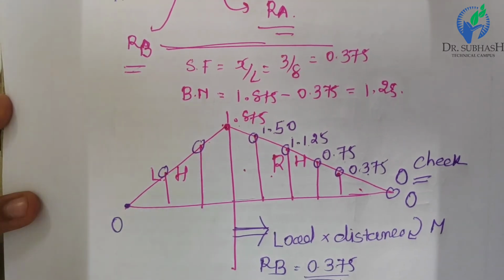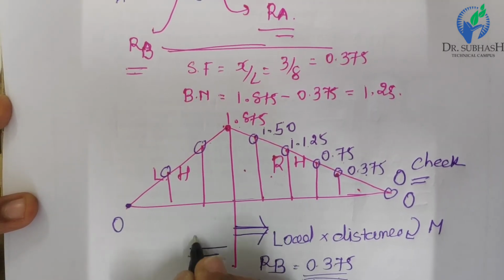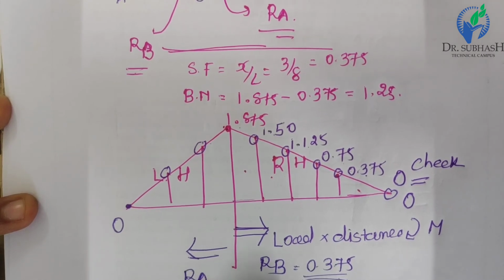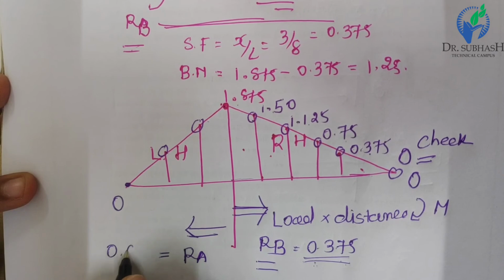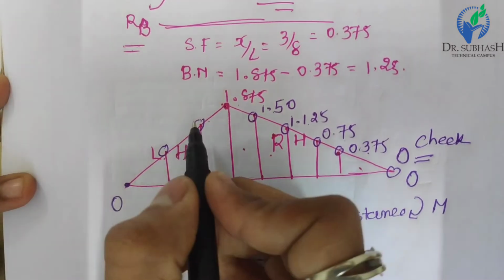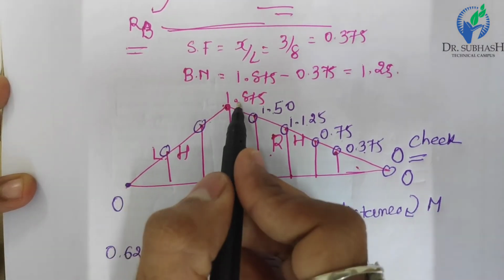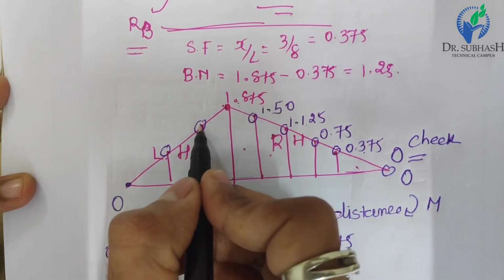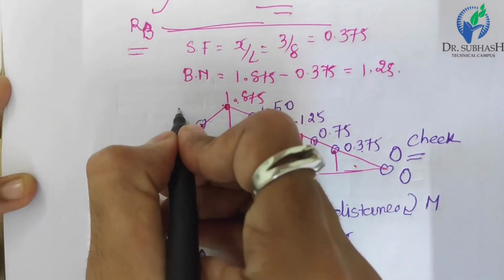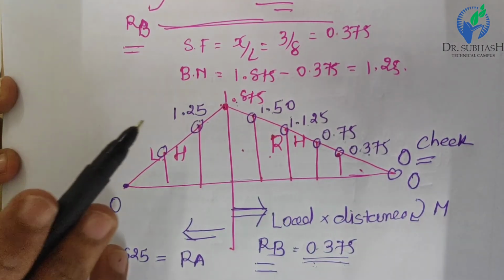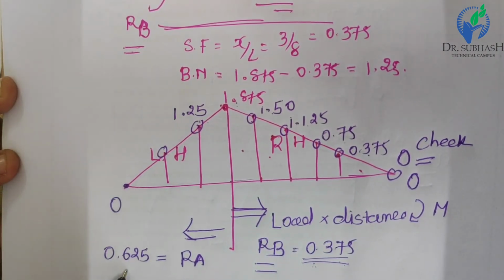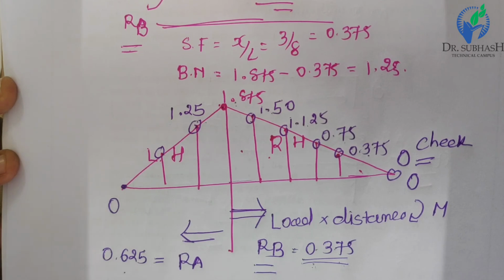Same way, from the left hand side is nothing but the effect of RA. So what is the coordinate of RA in shear force? It is 0.625. While we calculate the first point, 1.875 minus 0.625. So what should be the value? 1.25. Now again 1.25 minus 0.625, because our interval is constant throughout the span, 1 meter.